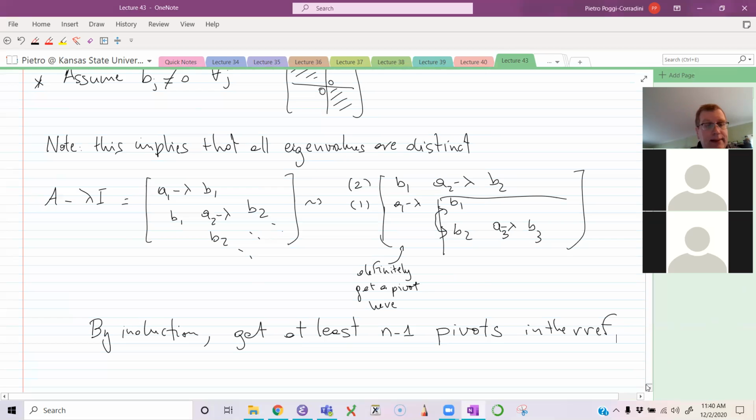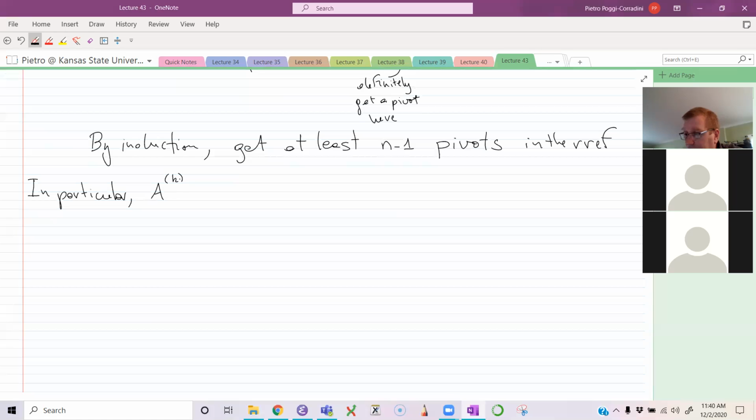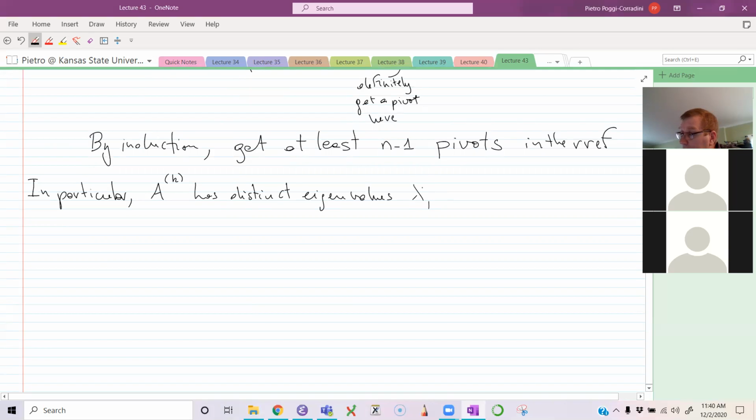So in particular, if you take one of those leading principal submatrices, they also are going to have distinct eigenvalues, and you can order them like that.